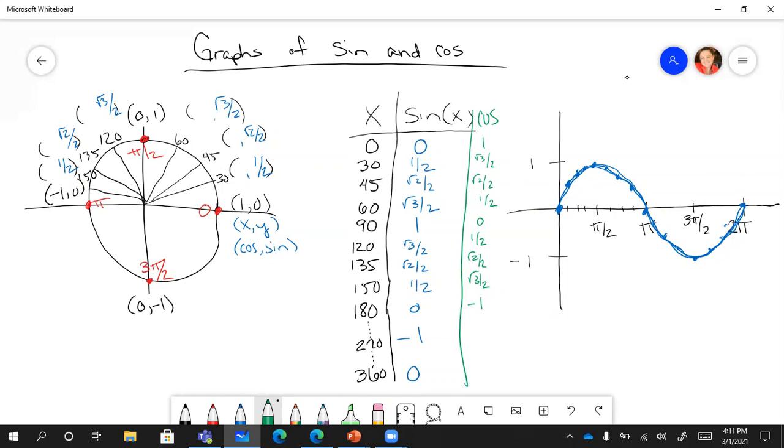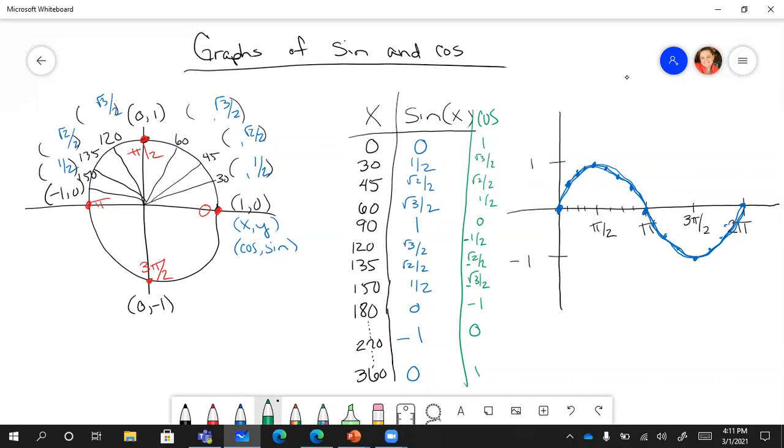But look, what did I forget? In the second quadrant, these are negative, aren't they? And it keeps going from there. Down at 270, my cosine is 0. And then in quadrant 4, these turn back into positives, and I land back at 1 again.